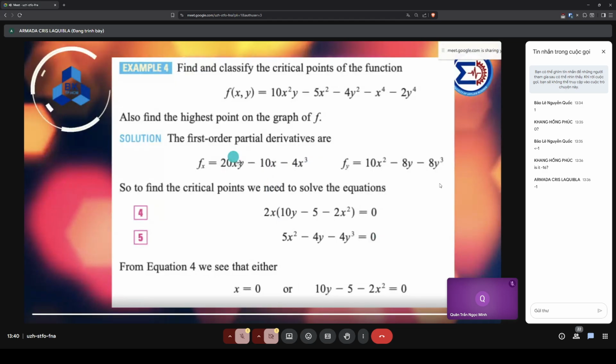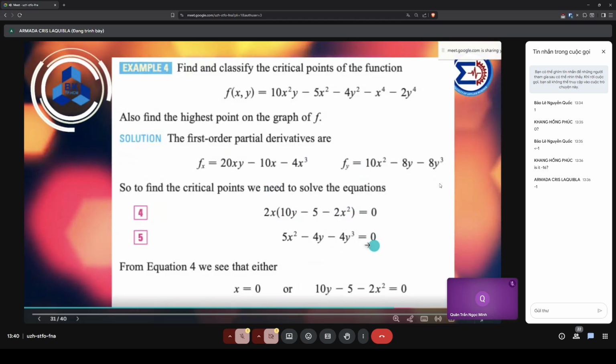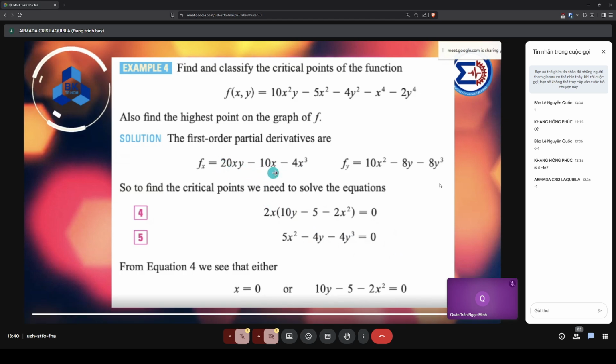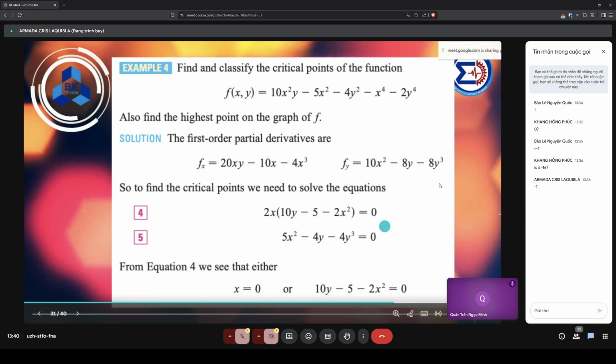Now we equate the first fx to 0, and then the fy equate that to 0. So what will happen here in the fx? Common term here is 2x, so we factor out 2x, then equate them to 0. And then your fy, 10, 8, 8 here. So common number there is 2. So we can divide all numbers there by 2. So we have there 5x squared minus 4y minus 4y cubed is equal to 0.